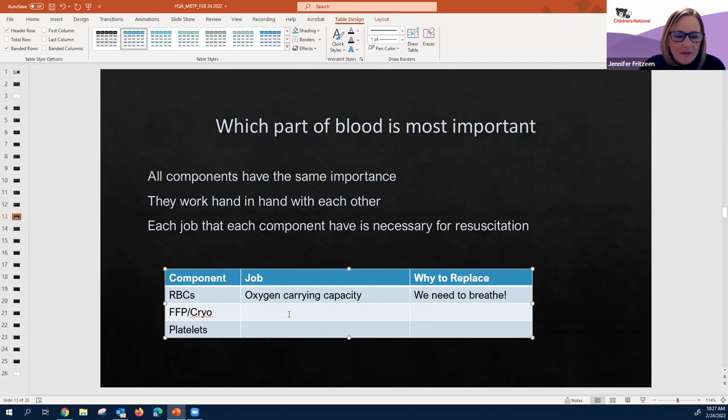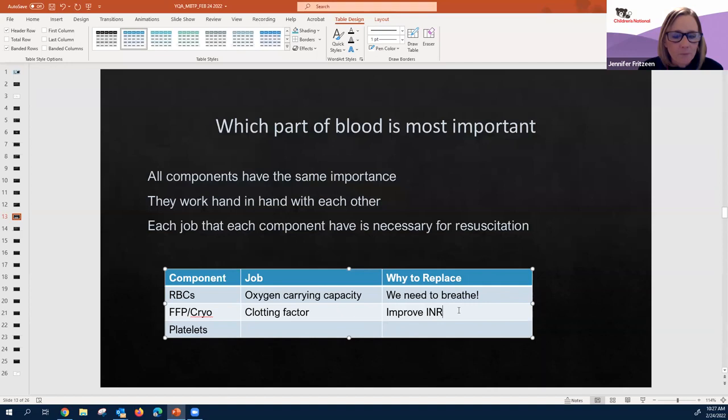This is going to be to increase its clotting factor. It's your fibrinogen. Your INR, we're replacing it to improve your INR, and so you won't be all oozy.